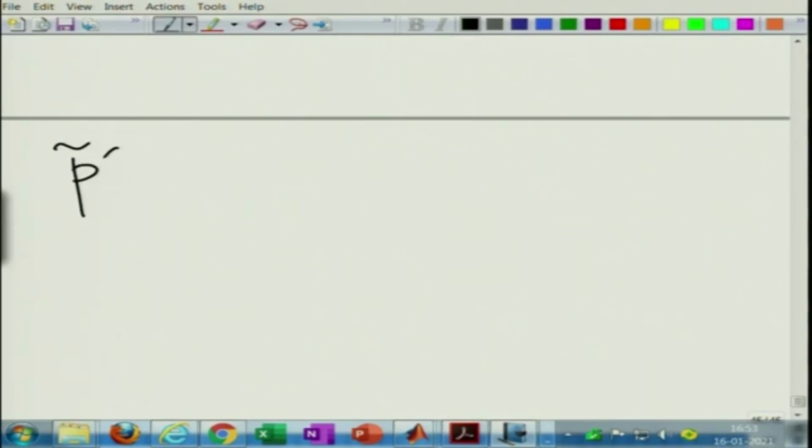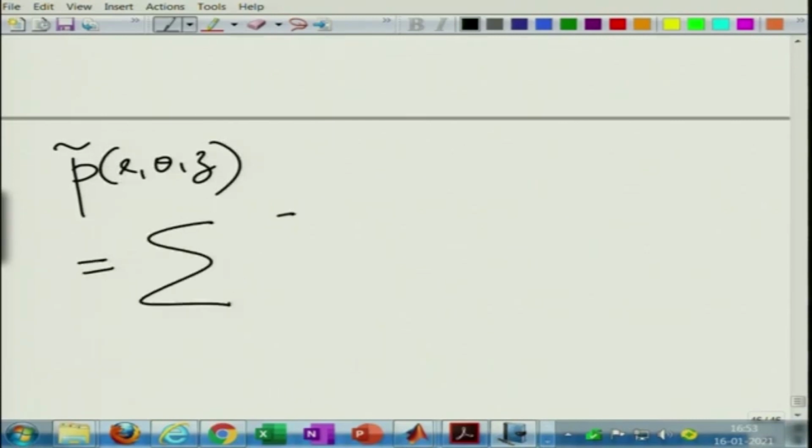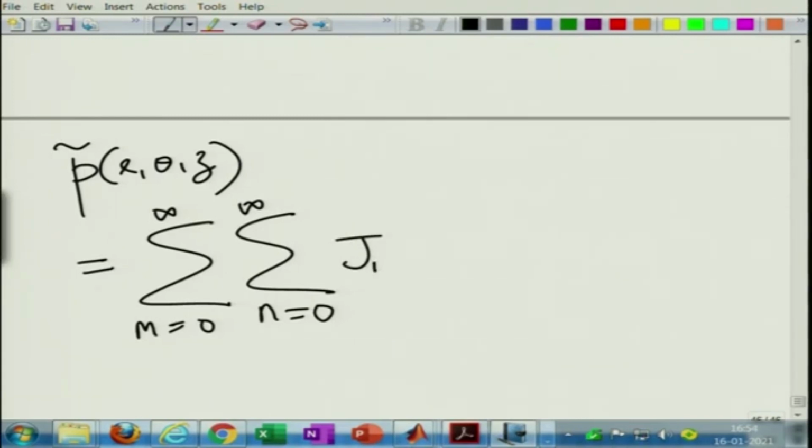and so the final solution then will look like the following, where p(r, theta, z) is nothing but this double summation from m equal to 0 to infinity, and n also equal to 0 to infinity. We are using a certain convention. Here we have J_m(k_r,mn r), multiplied by e^{j m theta}.